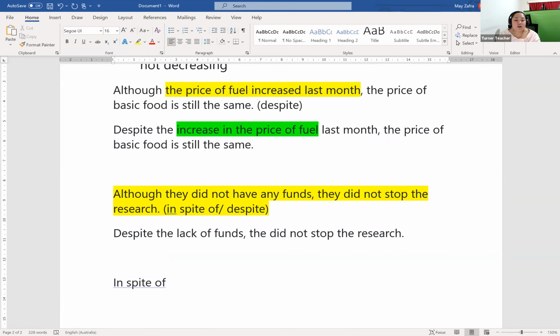Is there any other word that means did not have aside from lack? Can anyone find me a word that is related to lack? They did not, despite they did not. Yes, but that is grammatically incorrect. Okay, lack. Any other words?